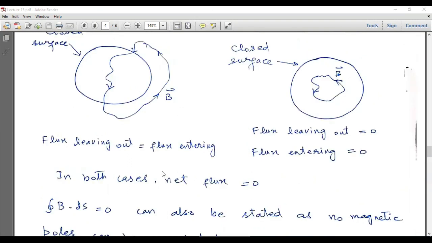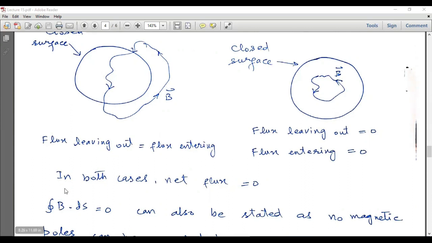In electrostatics, the closed surface integral of electric flux density D dot ds was equal to the charge enclosed. So positive and negative charges can be isolated from each other, and electric flux lines always originate from the positive charge and they terminate at the negative charge. And we can make a closed surface which can only contain either a positive charge or a negative charge.